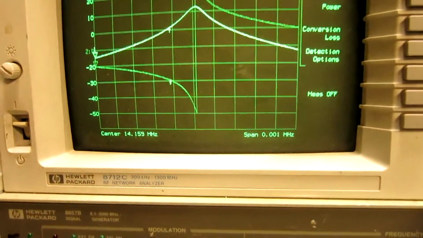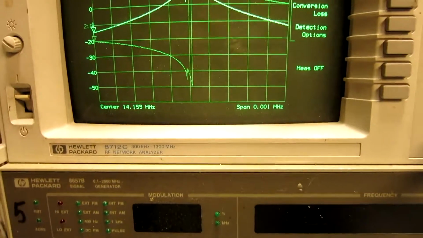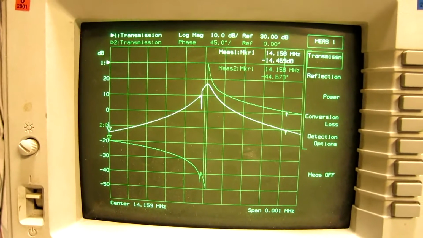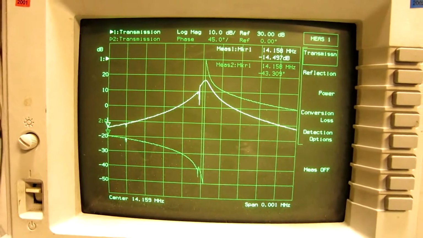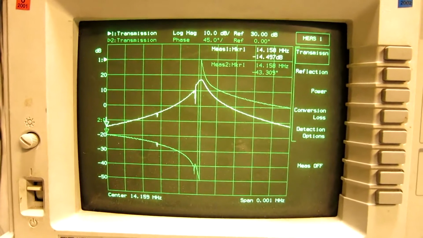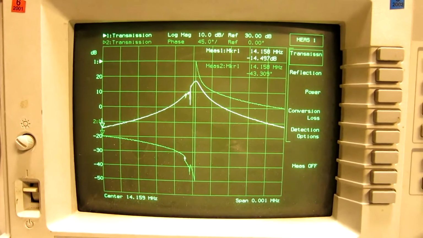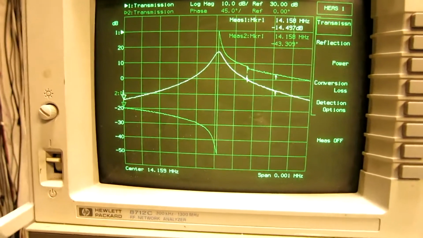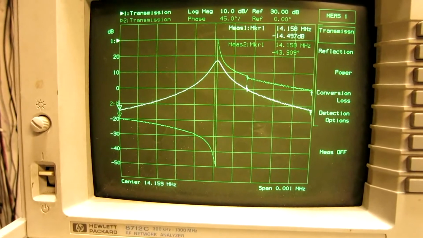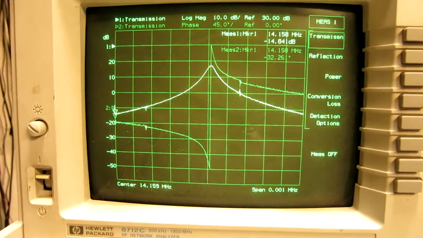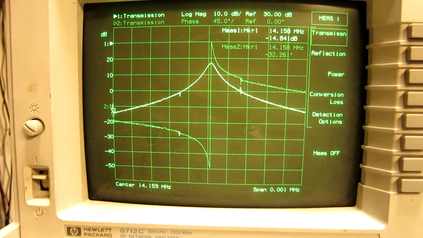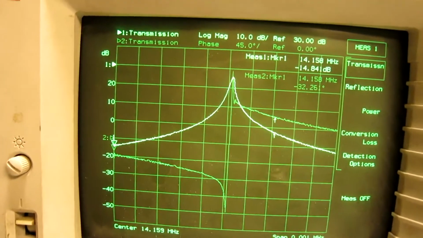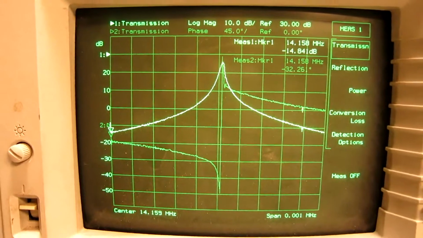So I changed that to 4 dB and Q multiplication becomes bigger. Three dB. And now you can see there is some artifact on the peak.